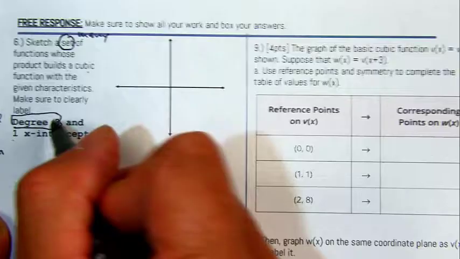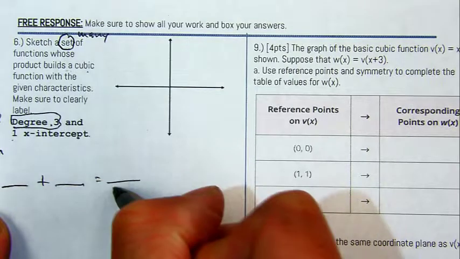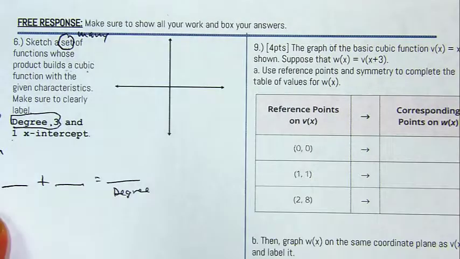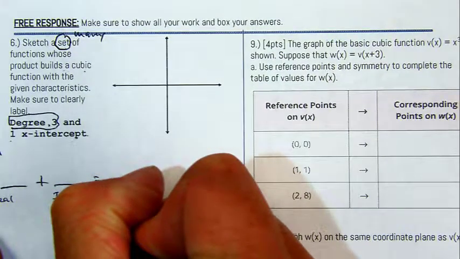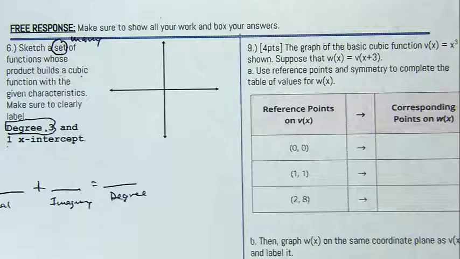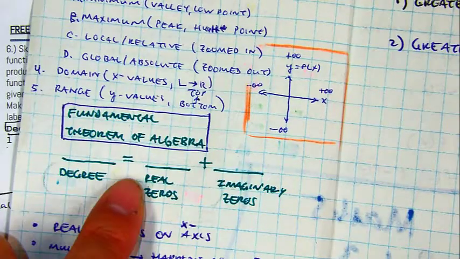Now, when it says a degree 3, we have this on our formula sheet. The fundamental theorem of algebra states that the degree is equal to the real zeros plus the imaginary zeros.